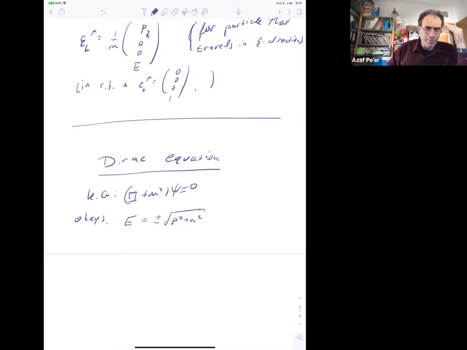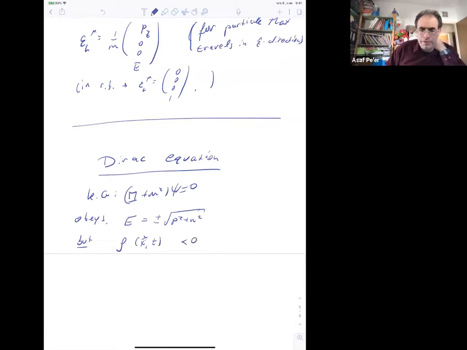But it has the negative probability density, which is pretty much problematic. Rho can be smaller than 0, so that's quite problematic.